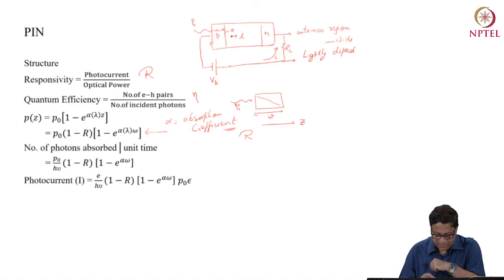Because the number of photons absorbed per unit time is this, the photocurrent I will be obtained by multiplying by e: I = (e P0 over h nu) into (1 minus R) into (1 minus e^(-alpha W)), where P0 is the incident power. And this factor epsilon takes care of the fact that not all photons will result in electron-hole pairs.